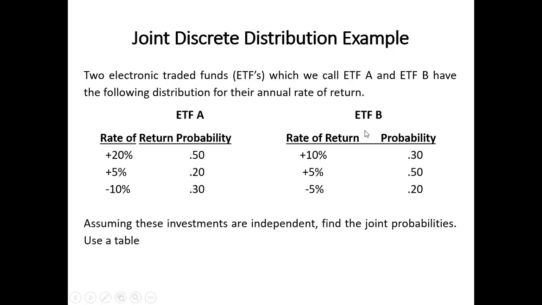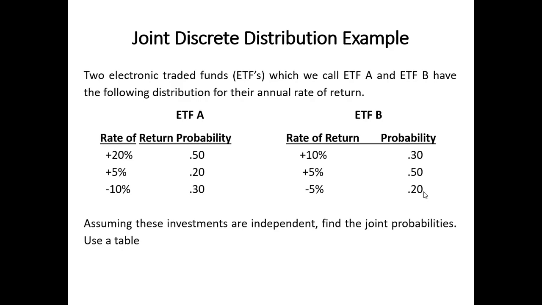And you could see ETF B has returns of 10, 5, and minus 5, and the probabilities are 0.3, 0.5, 0.2. So we'd like to be able to study the simultaneous behavior of these 2 funds.